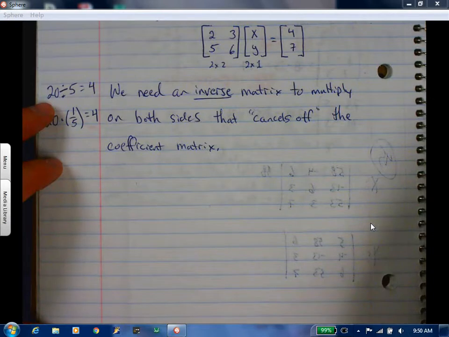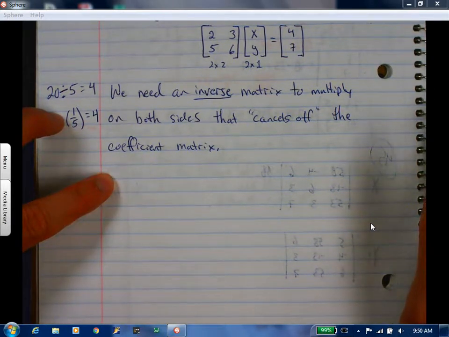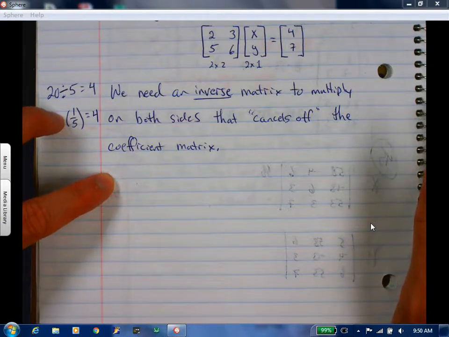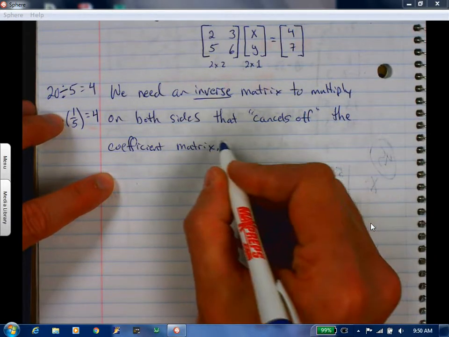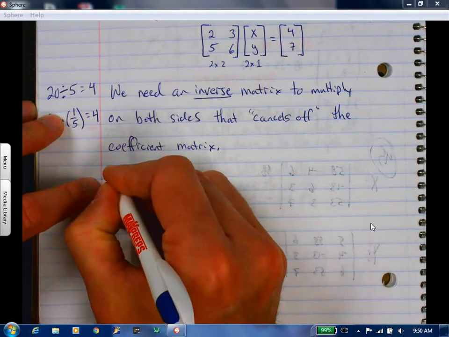So that means if it's going to cancel off, we have to have some sort of identity. So there has to be an identity matrix that's going to be the same with all this. So here's the next one.